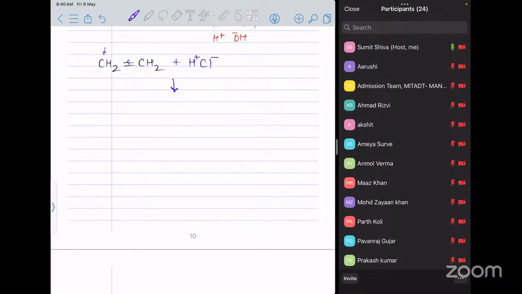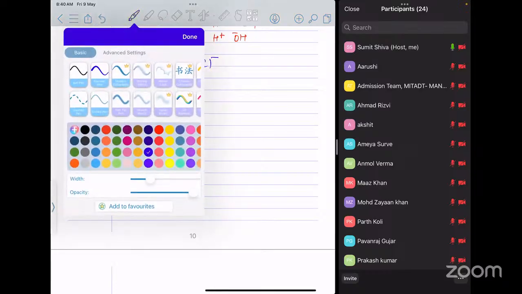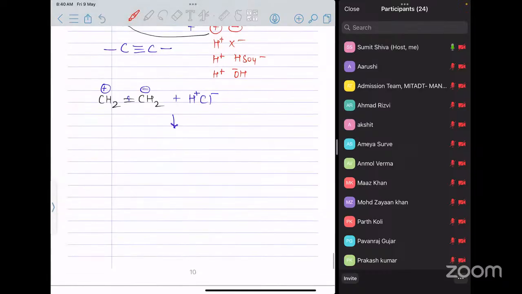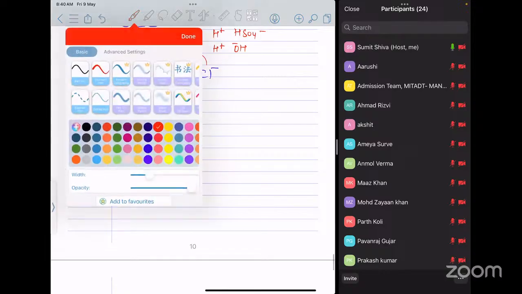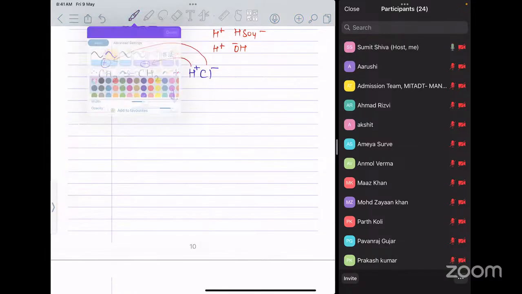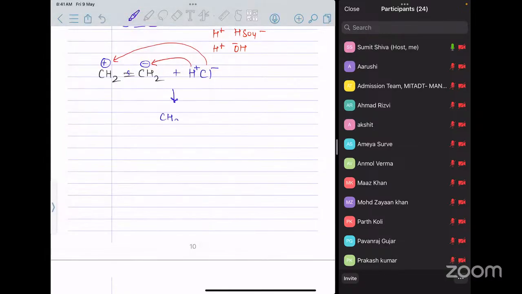Any one of the carbons will be positive, any one will be negative, because both of them are symmetric and have the same number of hydrogen atoms. According to the Markovnikov rule, plus will be with minus and minus will be with plus. So we will have CH3 single bond CH2Cl. Am I right?